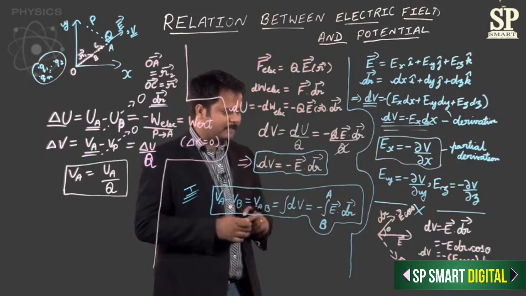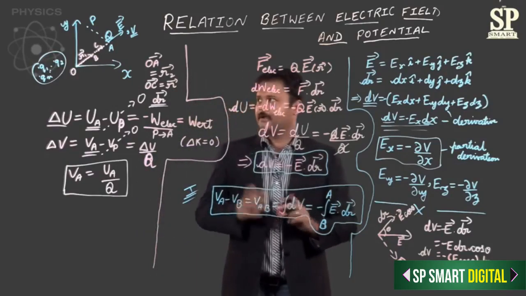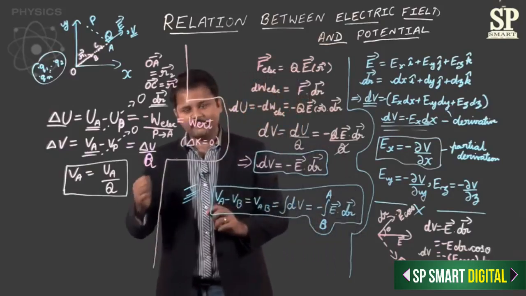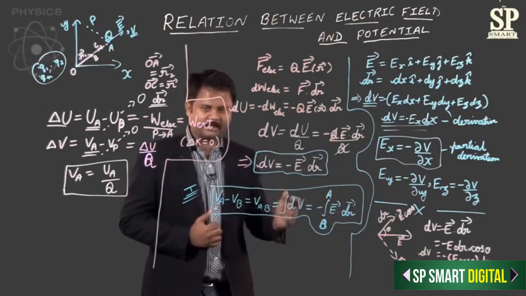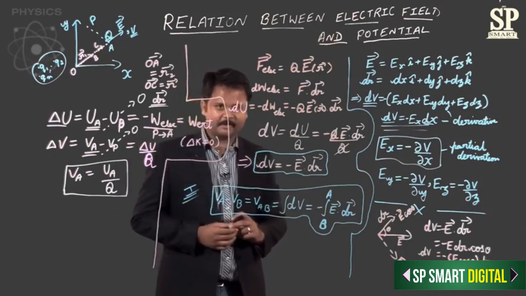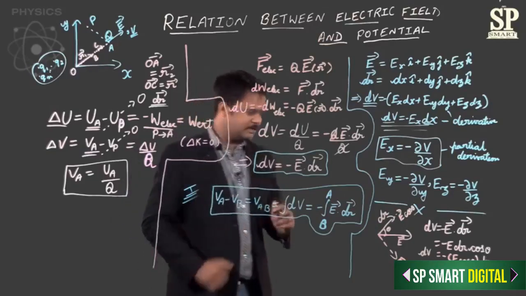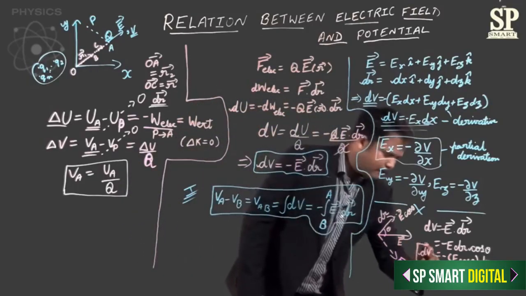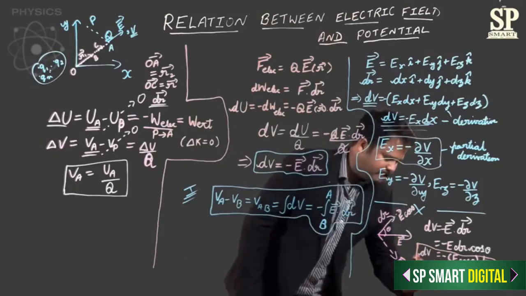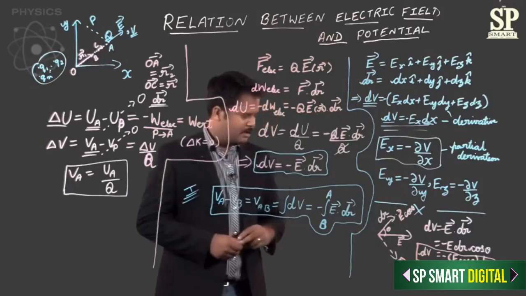So this is one of the important aspects about the potential difference, that whenever we move in the direction of the electric field, there is a potential difference. But if we move in the direction perpendicular to the electric field, then the potential difference is zero. So this was the third very important thing about the relation between potential and the electric field itself.